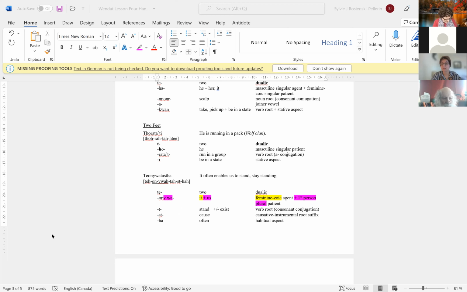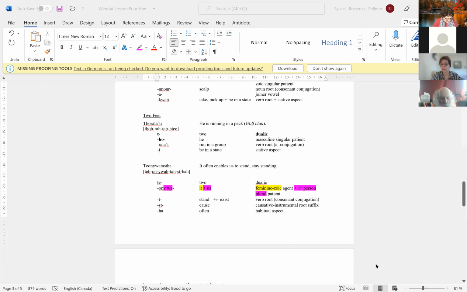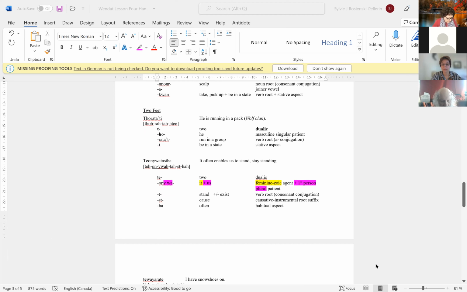Now, if you had to say we are using a consonant stem verb, it would be ayuwa. So in a way, the wa has a meaning.